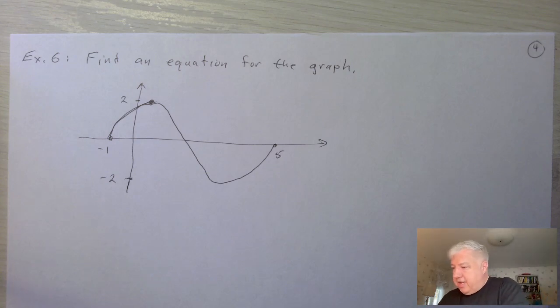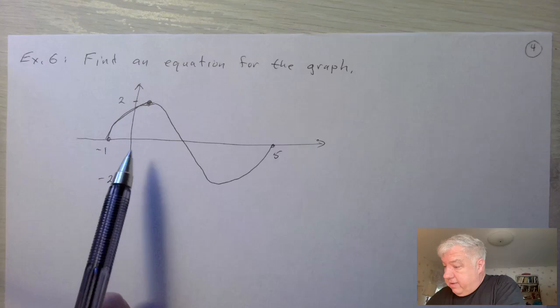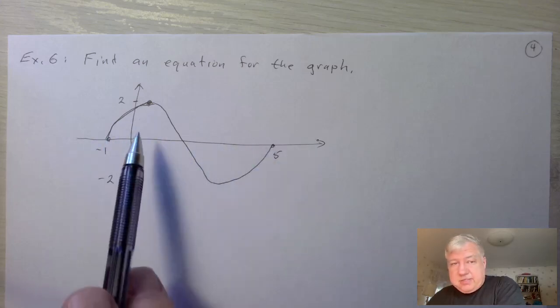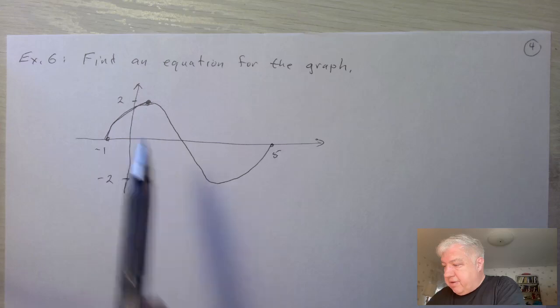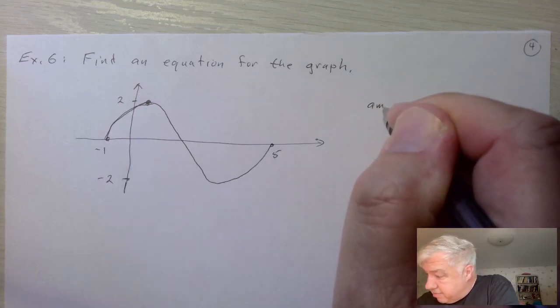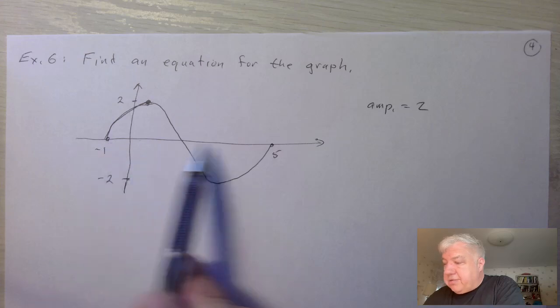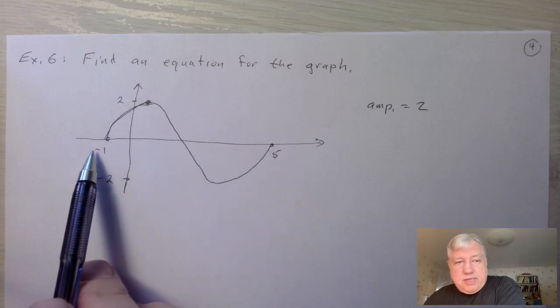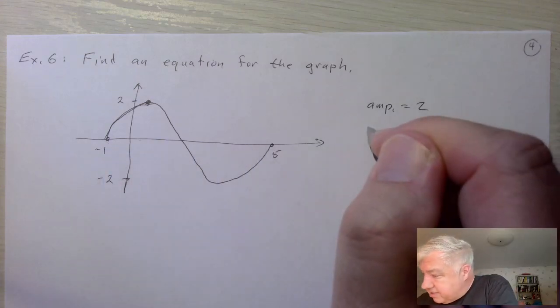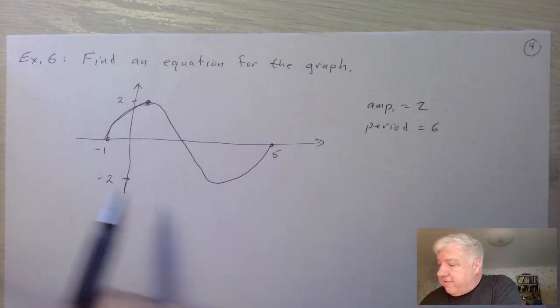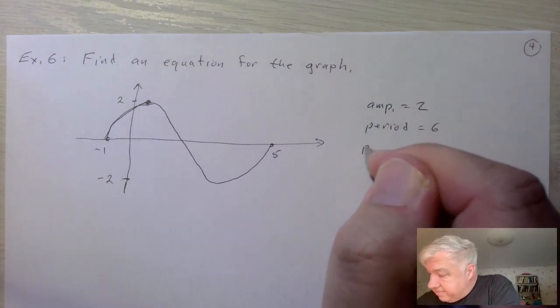In this case, we can see that the amplitude is 2, because this is centered on the x-axis, so the amplitude is just from here to here, that's 2. The period is the distance from here to here, 5 minus negative 1, that's 6. So the period is 6. And the phase shift is negative 1.